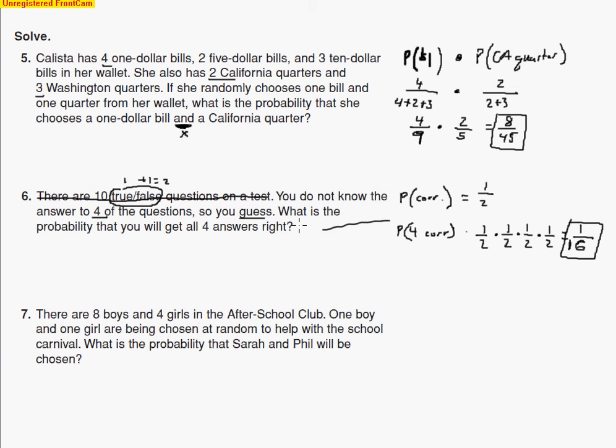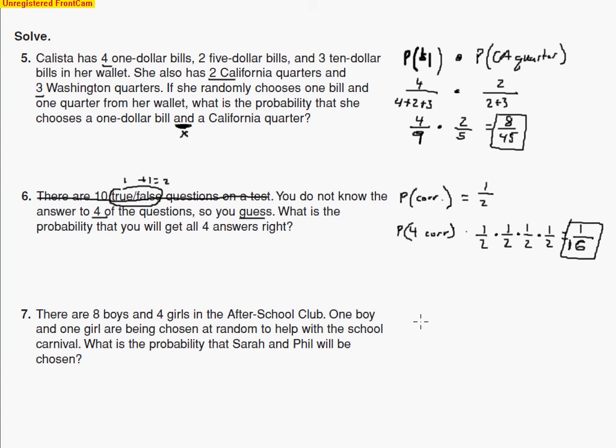Well, taking a look at our last problem here. There are 8 boys and 4 girls in the after-school club. 1 boy and 1 girl are being chosen at random to help with the school carnival. What is the probability of Sarah and Phil being chosen? Well, let's do this. Since there are 8 boys, they're going to choose 1 out of the 8 boys. They're going to choose 1 out of the 4 girls. They're 2 separate events.